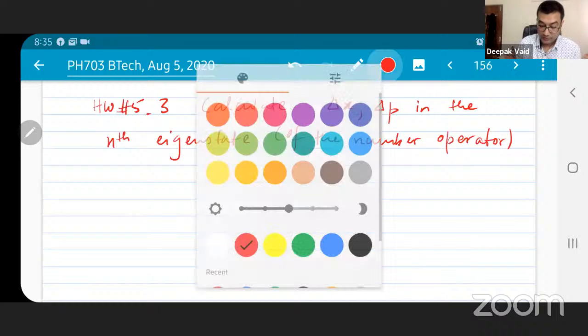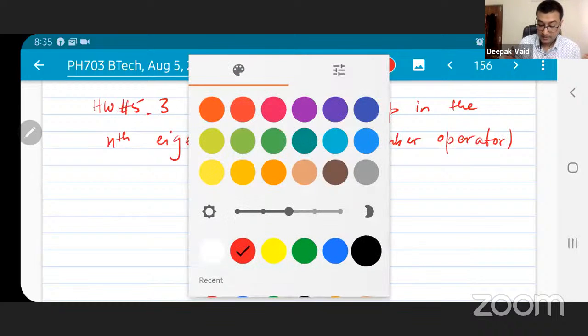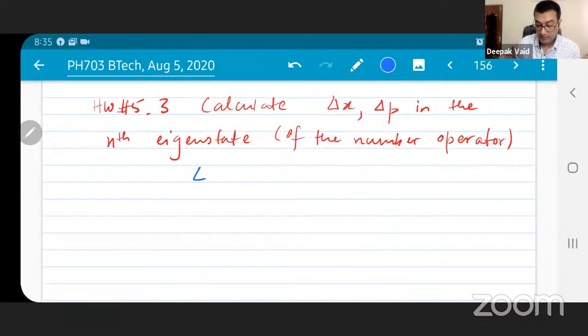And when you do this, what you will find is that delta x times delta p in the nth state will come out to be equal to h bar by 2.